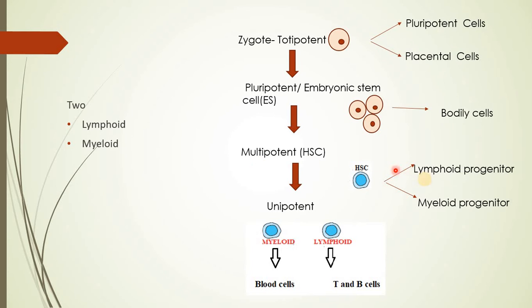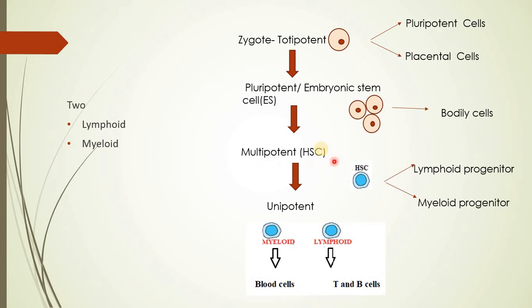Like it can give rise to lymphoid cell as well as the myeloid progenitor cell if we are talking with reference to hematopoiesis, which is seen in the stromal tissue of bone marrow, which contains hematopoietic stem cells. Therefore, we can say hematopoietic stem cells are multipotent cells.